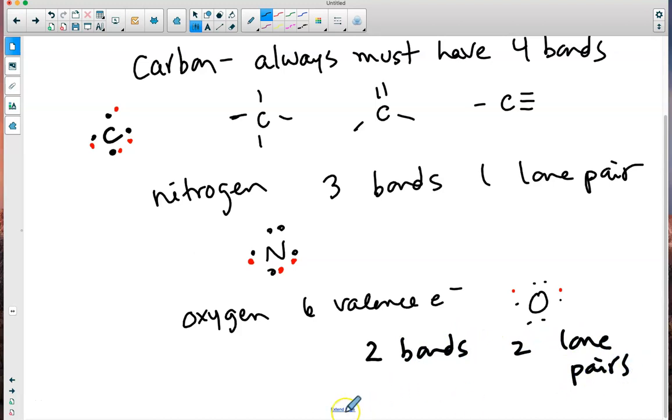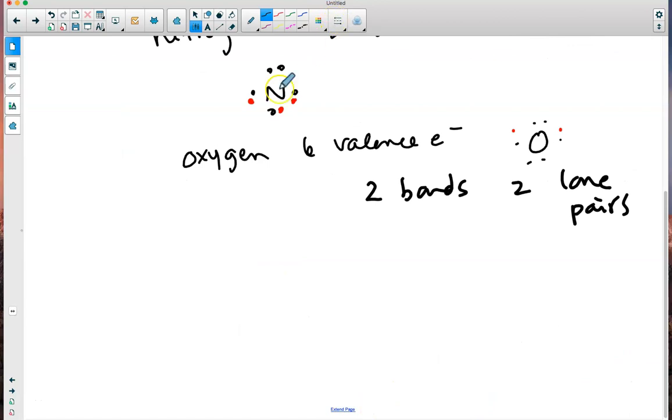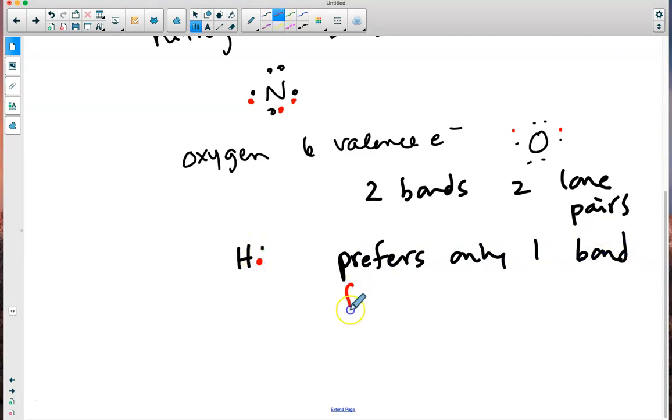And hydrogen is a little unusual. Hydrogen has just one valence electron. It would have to gain 7 to get an octet, so it prefers just one bond, because for hydrogen, a filled shell is 2 electrons.